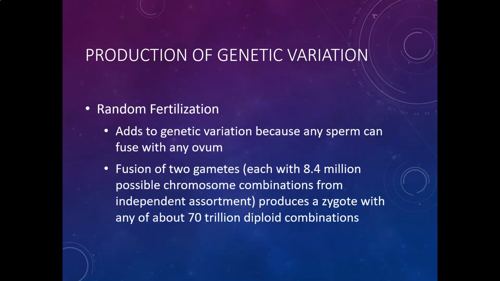So the amount of variation that comes as a result of this type of reproduction and the processes that go into creating those gametes is just mind-blowing. And that's the reason that we should at least be able to perpetuate the species regardless of the environmental changes that occur, because there's just so much variation that exists.